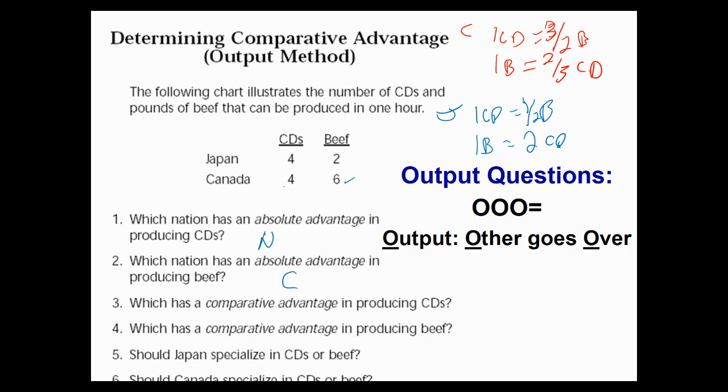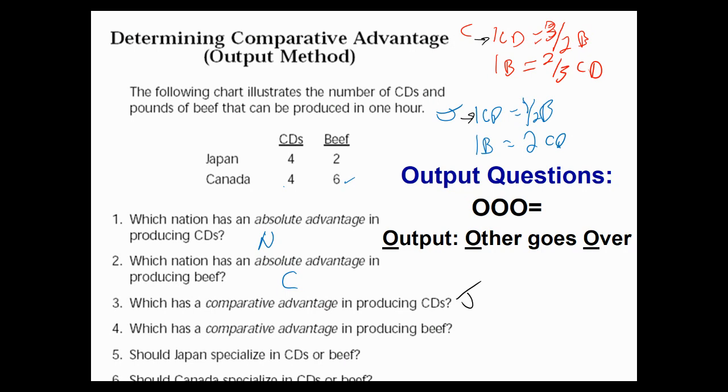Which has comparative advantage in CDs? If we look at CDs here, who's giving up the least when it comes to CDs? Japan gives up 1/2 of beef, and Canada gives up 3/2 of beef. Well, 3/2 is greater. So who has comparative advantage in CDs? That's Japan. Now it says who has comparative advantage in producing beef.